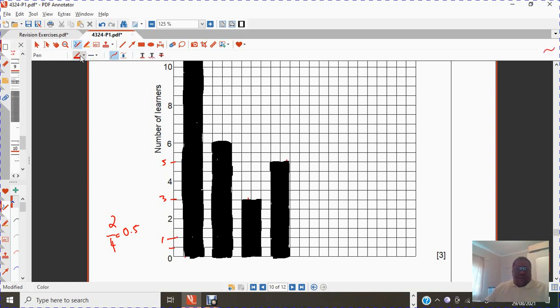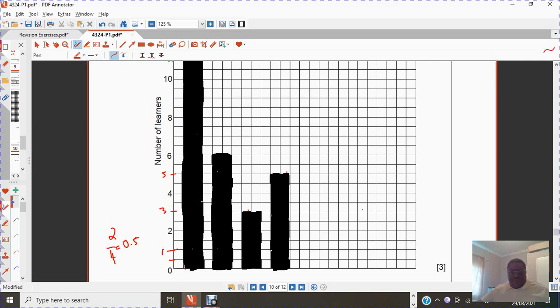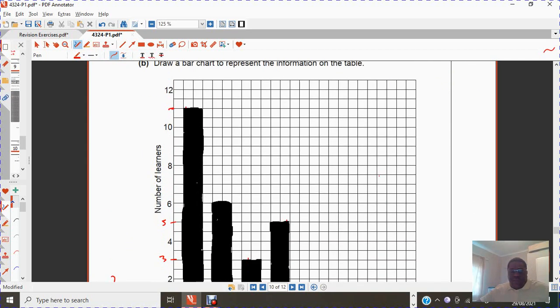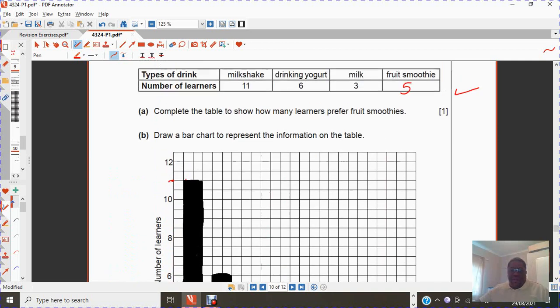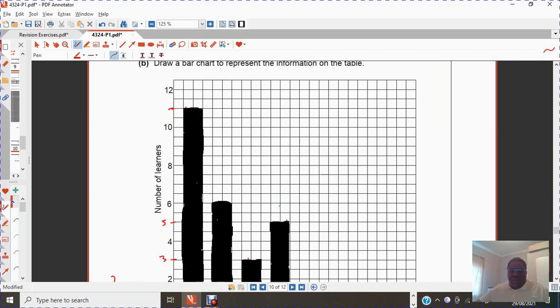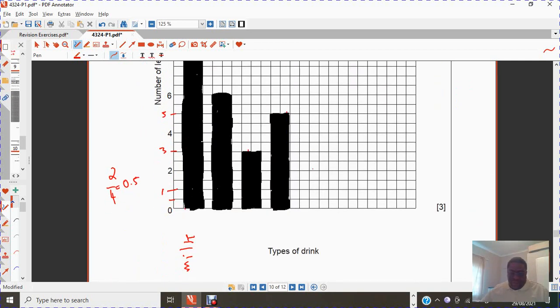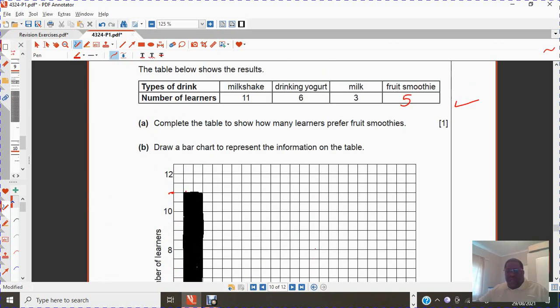Okay, let's just go back to my problem. So the first one is milkshake. So you can turn your page around. This will be milkshake. And the second one is going to be yogurt. The way yogurt is written there, I'm just going to write it the same. And then the second last one there is milk.